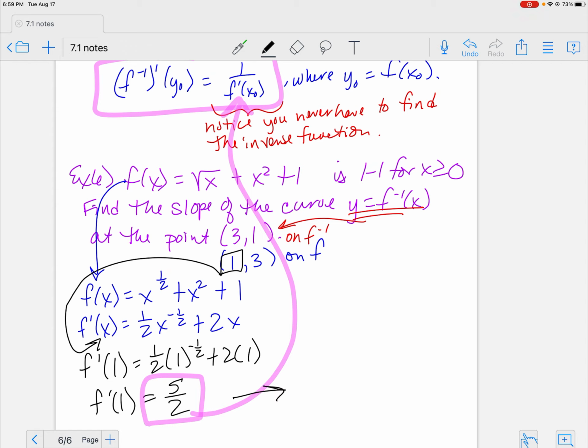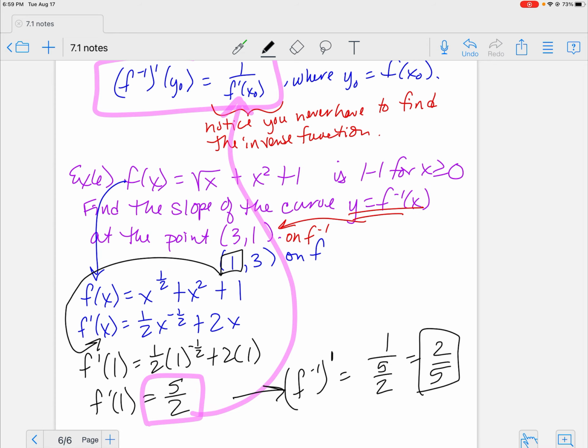So if I'm looking for f inverse prime, the derivative will be 1 over that 5/2, which we know to be 2/5. So my slope here, because that's what it's asking for, that slope is 2/5.